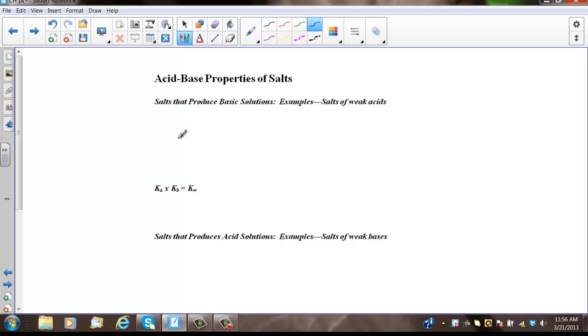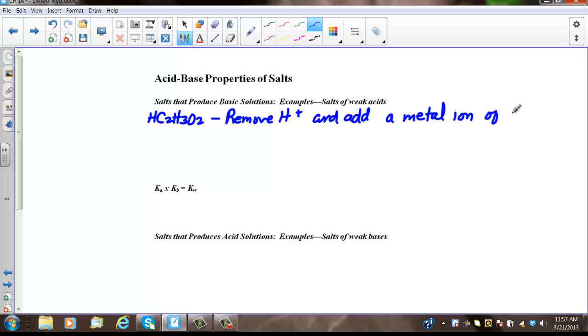So recall that salts are ionic compounds comprised of a metal and a nonmetal. So if we were to take acetic acid, and you know that this is a weak acid, if we were to remove the H plus and add a metal cation of a strong base, then we would get something like this.